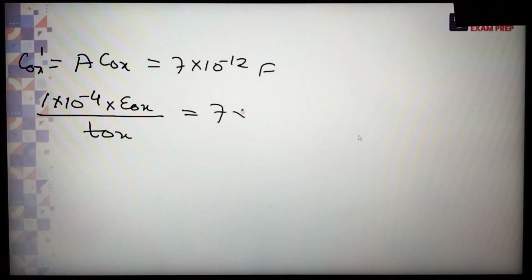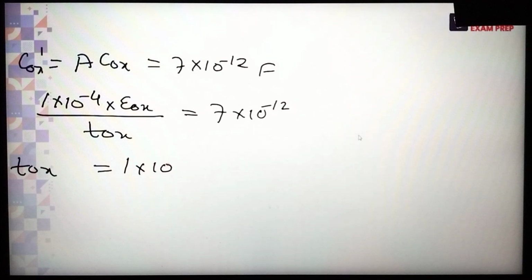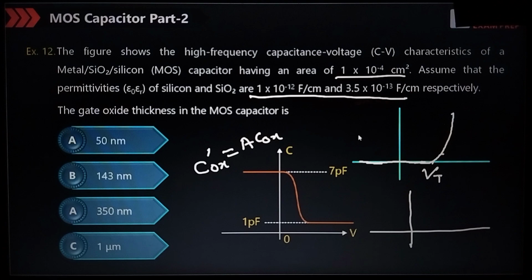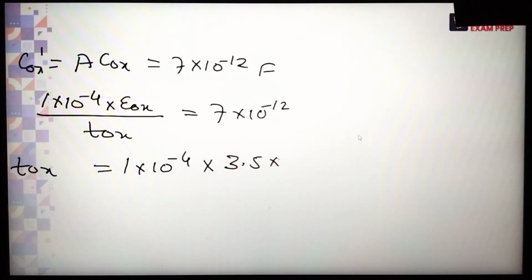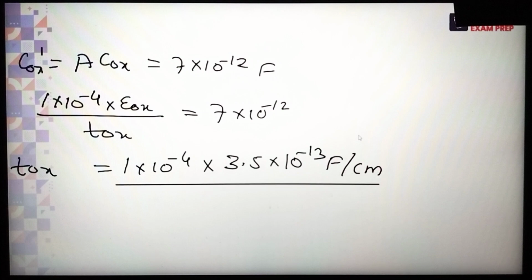That is 7 into 10 raised to power minus 12. Now what is the TOX? TOX is 1 into 10 raised to power minus 4 into epsilon naught x, upon 7 into 10 raised to power minus 12. What is epsilon naught x? That is given as 3.5 into 10 raised to power minus 13 farad per centimeter. Farad cancels.